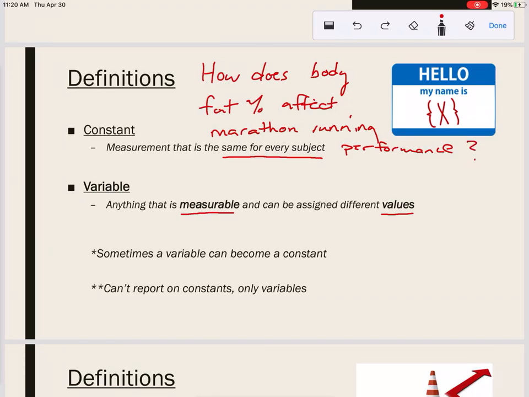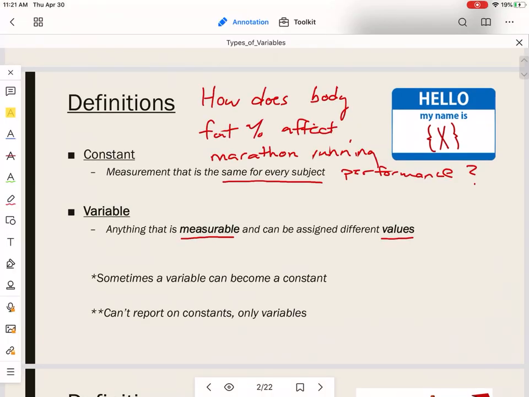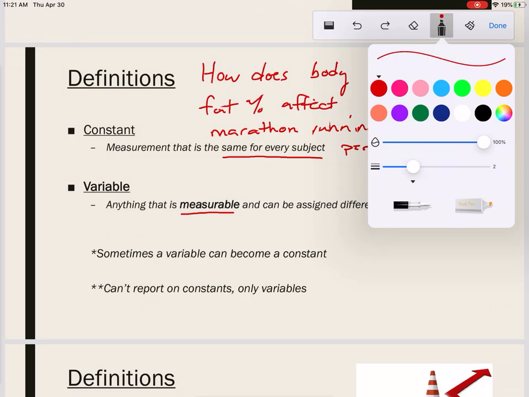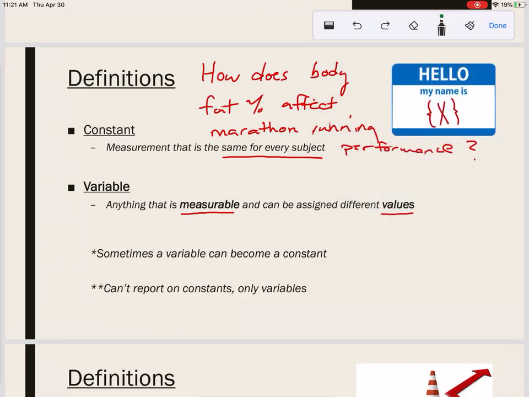As a researcher, I may believe that the amount of body fat a runner has may influence their marathon running time and performance. So if I want to look more at this question, then I may want to define the variable and the constant.